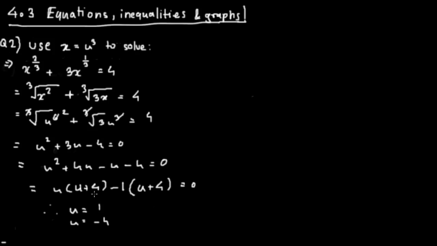So from here you get u is equal to 1 or minus 4. And from that, you can conclude that since u cubed is x, that means x is equal to either 1 or x is equal to minus 64.